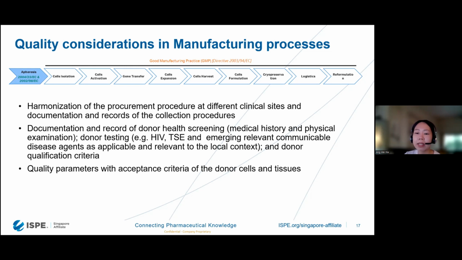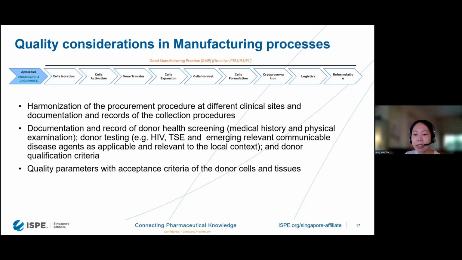EMA emphasized the establishment of an appropriate testing system to screen for infectious diseases, and manufacturers must assess the risk of contamination of raw material in the supply chain, with particular emphasis on viral and microbiological safety and transmissible spongiform encephalopathies, in short TSE.